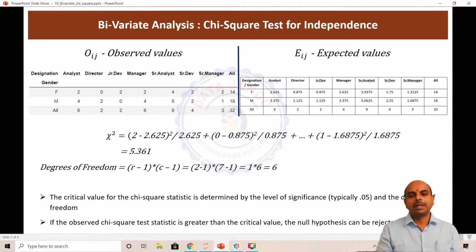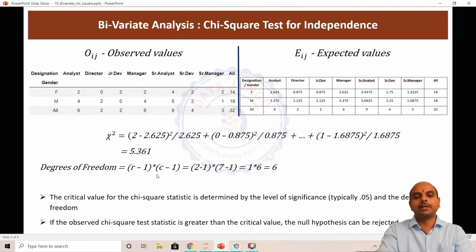Okay. So in a contingency table like this, the degrees of freedom formula changes. It is r minus 1 into c minus 1, number of rows minus 1 into number of columns minus 1. Here we have got 7 columns and 2 rows. So I calculated and I have got 6 as the degrees of freedom.